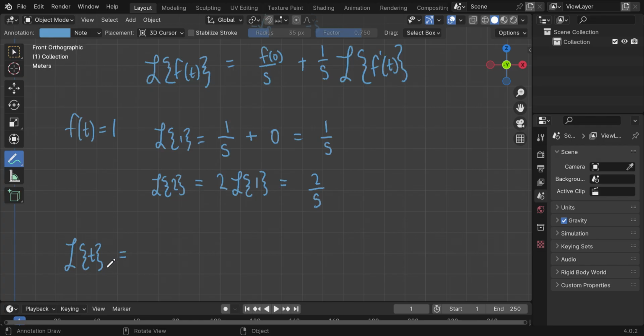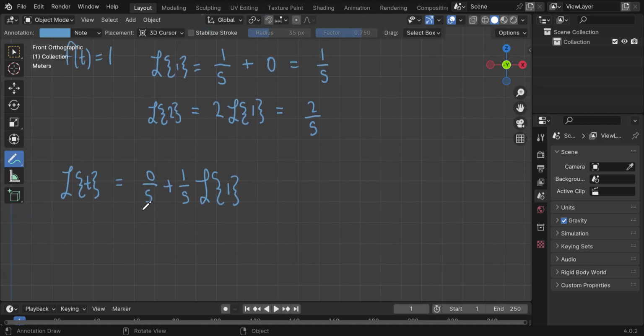Well, replacing 0 with t is just 0, so you have 0 over s if you want, plus 1 over s times the Laplace of the derivative. The derivative of t is just 1. So what you end up with is 1 over s times the Laplace of 1, which we found out is 1 over s. So it's 1 over s squared.